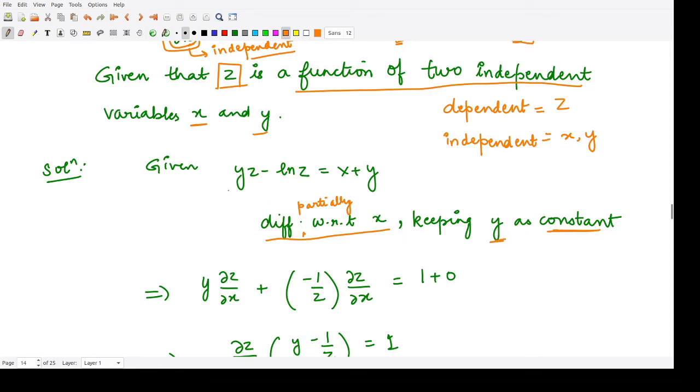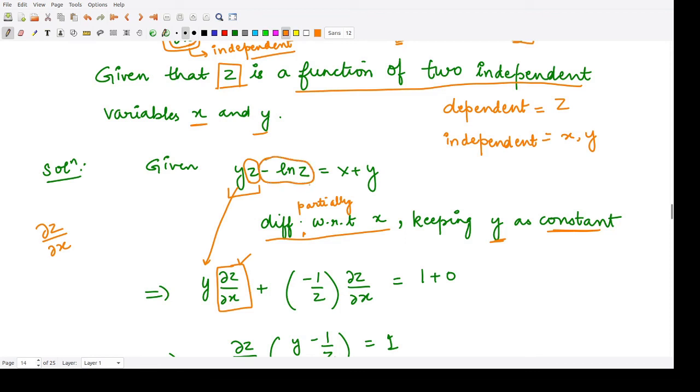Because y is constant, this term will come as such, and then we will perform the derivative of z. Because z is the dependent variable, its derivative would be del z divided by del x. So this quantity would come as such. Because we do not know what this is, we will keep it as such, and then we will perform plus the derivative of this quantity.